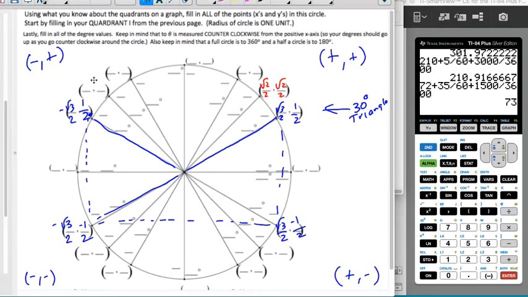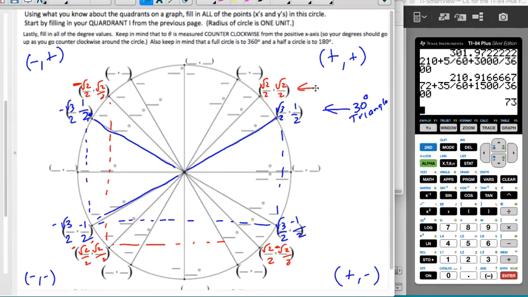The good news is that the one straight across is also going to be root 2 over 2 and root 2 over 2, the only difference being that the x is negative. The one all the way down here, that 45-degree angle, is also going to be root 2 over 2 and root 2 over 2, but they're both going to be negative. And then the one over here is the same root 2 over 2, comma root 2 over 2, except the y-coordinate is negative because I'm in quadrant 4.